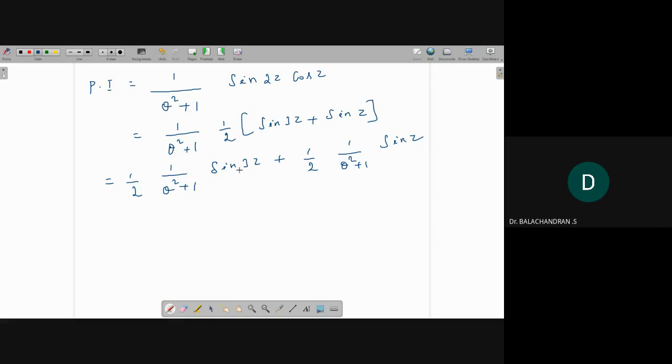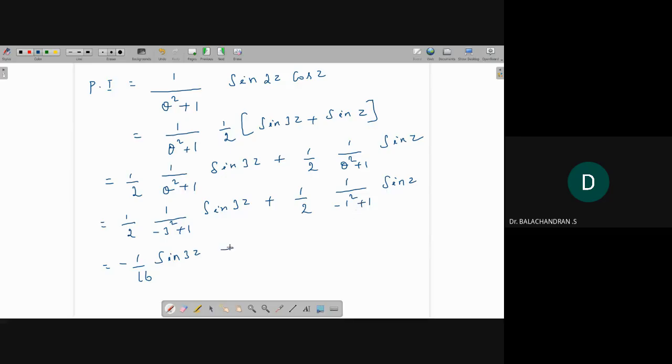So again, type 2, so replace theta square by minus 3 square here, theta square by minus 1 square there. 1 by 2 into 1 by minus 3 square plus 1 sine 3z, plus 1 by 2 into 1 by minus 1 square plus 1 into sine z. So this is minus 8, so minus 1 by 16 into sine 3z.